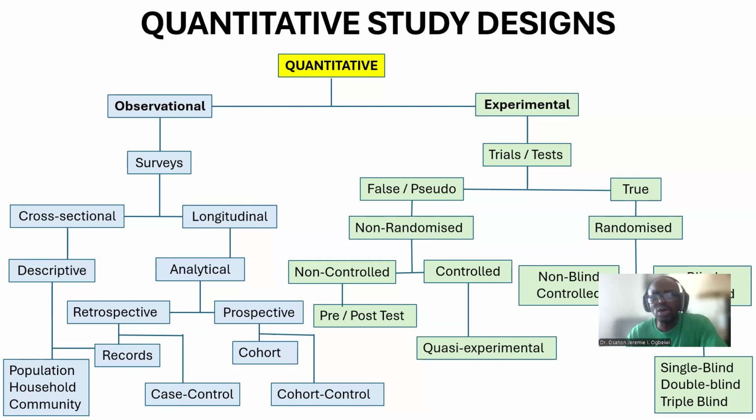For example, if you want to try a new drug or a new device, you need to test it under a scientifically controlled environment. That is what makes it experimental, in that you are testing under experimental conditions. So these are the two broad types.